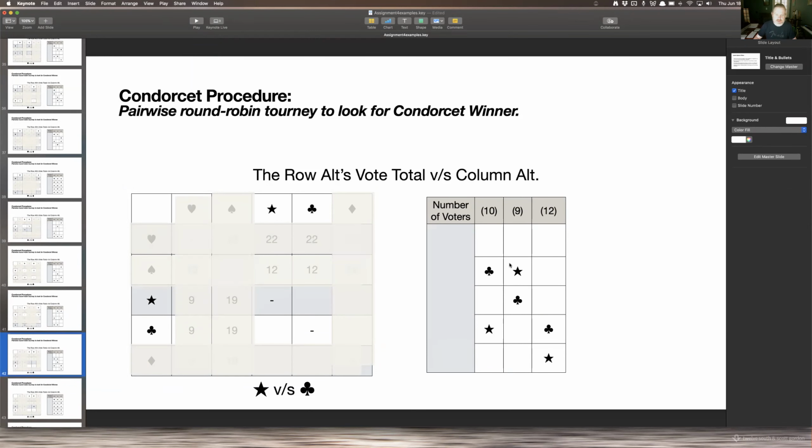In terms of stars, these 9 are going to vote for stars, and this last group is going to vote for clubs. So stars gets 9 votes. In the pairwise comparison of clubs versus stars, clubs is going to get 10 plus 12, so 22.